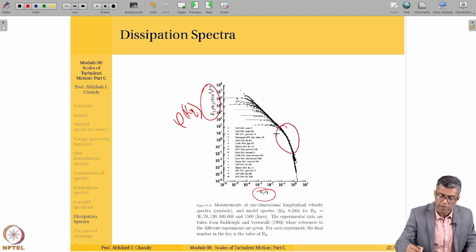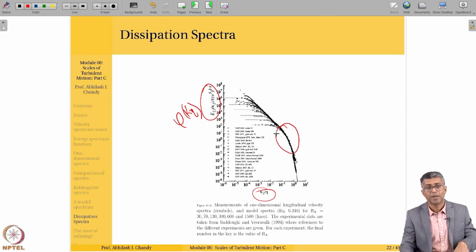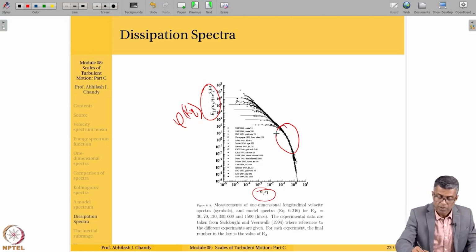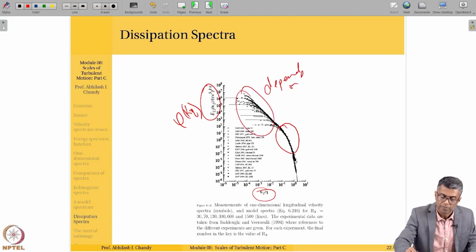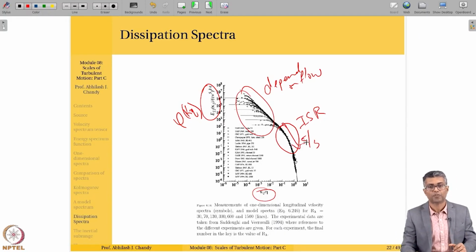Look at what happens here. It is a universal function only in certain ranges. It is not in the energy containing range, because the energy containing range will depend on the flow. On the other hand, this is the inertial subrange, ISR. As you can see, this slope is minus 5/3.